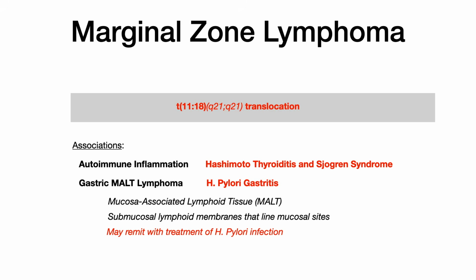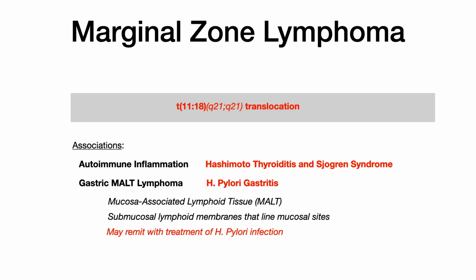It serves a lymph function. And so in this instance, gastric MALT lymphoma is a lymphoma specifically associated with that mucosa-associated lymphoid tissue in the stomach. So because of that, it is highly associated with H. pylori gastritis. So in patients who have H. pylori infections and H. pylori gastritis, there's some connection between that inflammation and that MALT tissue becoming cancerous.